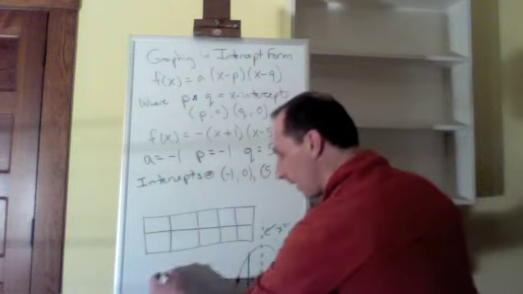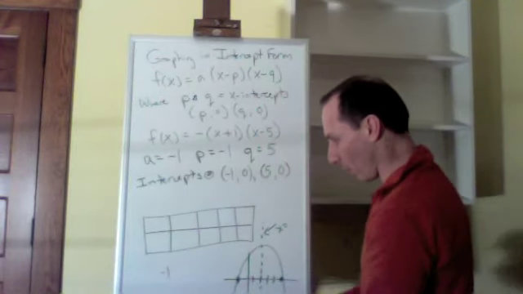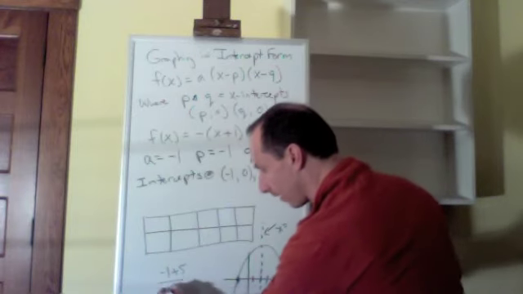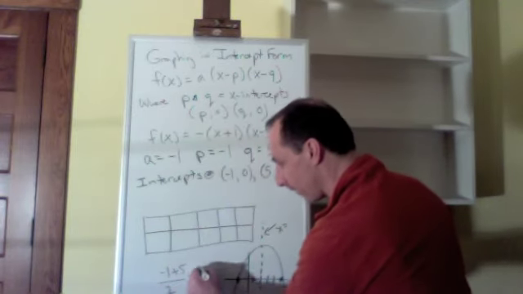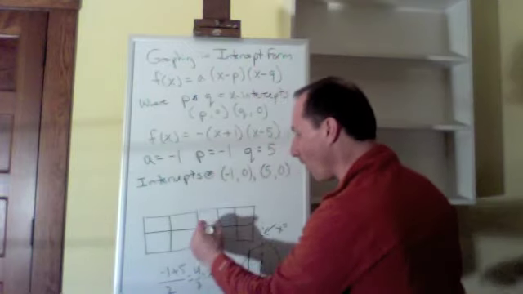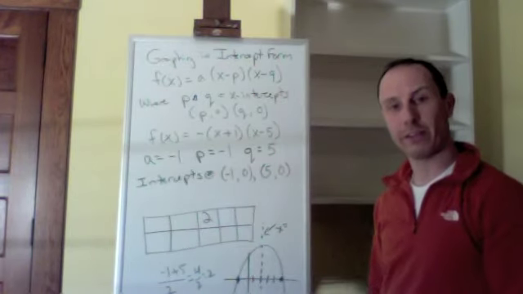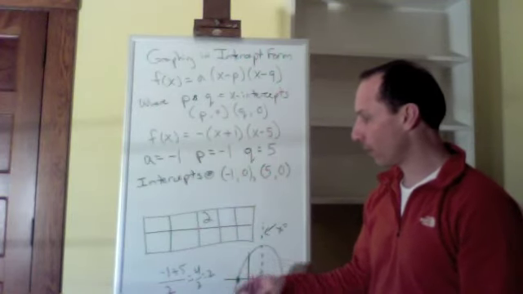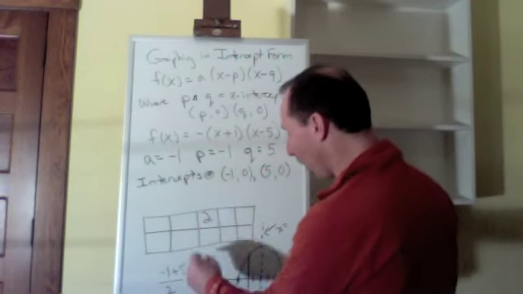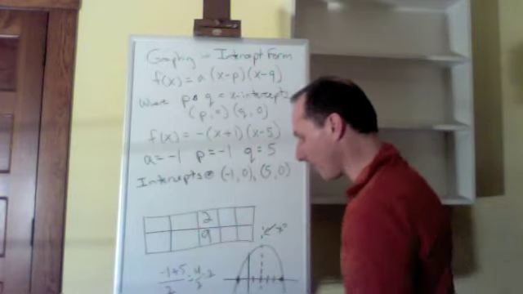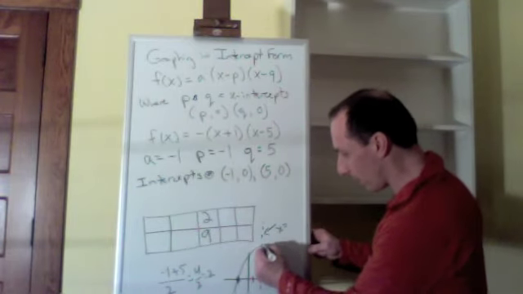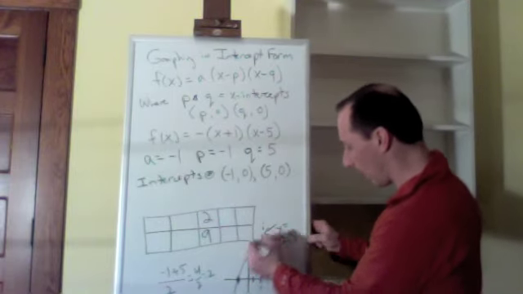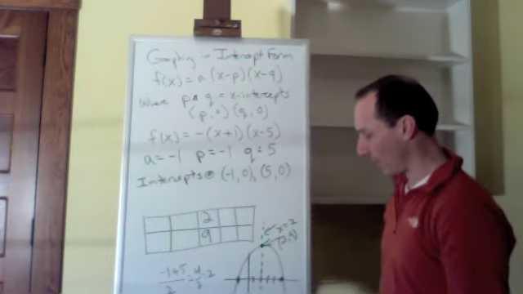So if I take the negative 1 x coordinate of this point, and I take the positive 5 of the other coordinate, and I add them together and average them out, I'm going to get 4 divided by 2, 2. 2 is the x coordinate of my vertex. And by method of substitution for that value, I will come to realize that the y value is 9. So this point up here, this maximum, is at 2 comma 9. And my axis of symmetry is at x equals 2.